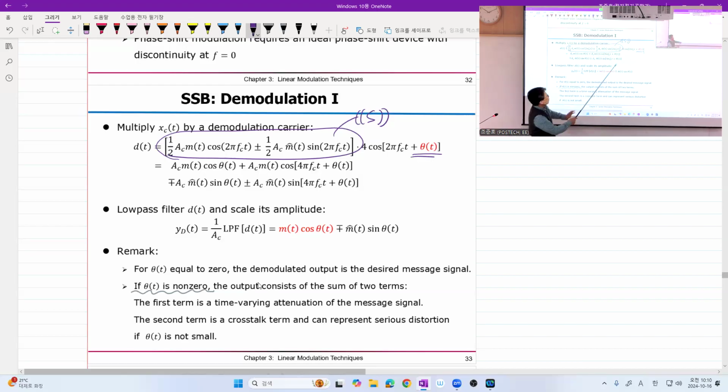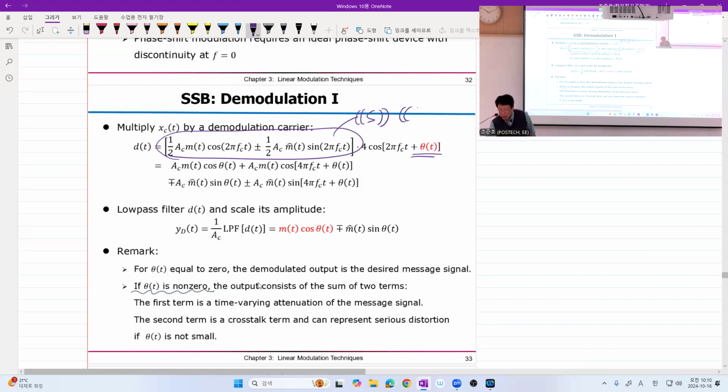No. Finding or having 0 phase offset may be extremely difficult at some age, at some era, at some time of technology evolution. So you need to have this term for the little bit complicated version. Got it? Now you do the same math, and suddenly this cosine theta of t appears. Of course, I skipped one step.